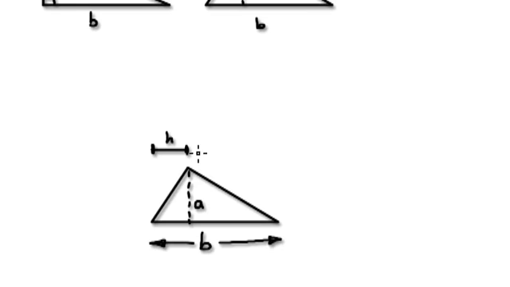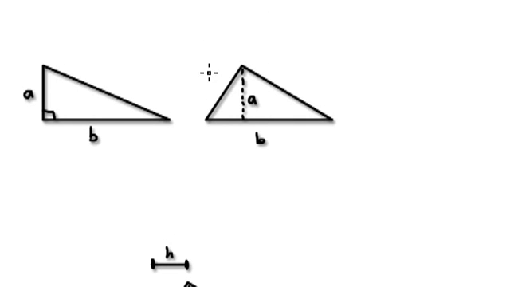Let's call this distance from here to here h. So when we split it down the middle, this distance is h. Well, if the distance from here to here is h, then the distance from here to here will be b minus h.